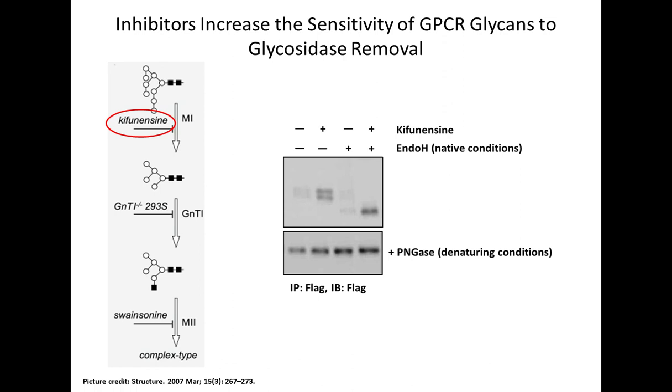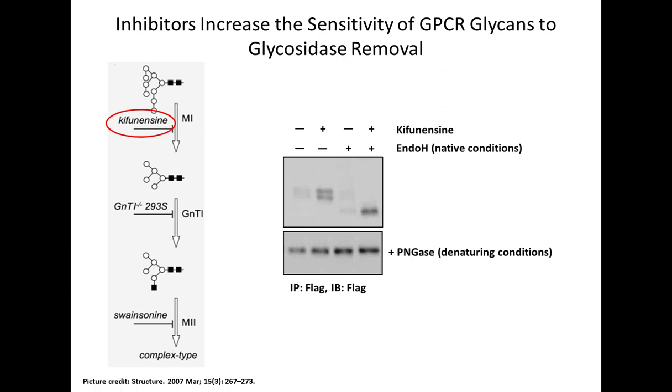So this Western blot shows that. In the first lane, what you see is basically the receptor that was not treated with kifunensine or with the EndoH enzyme, and so it's very broad until you deglycosylate with PNGase, which is shown in that bottom panel.